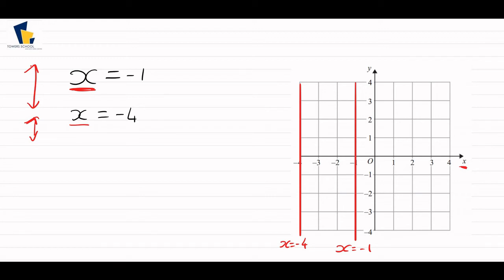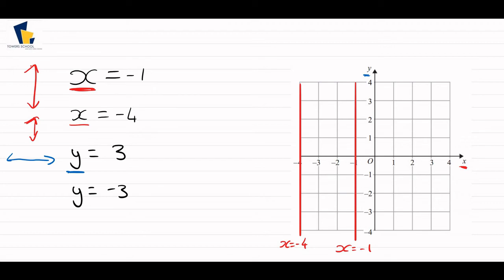And now we're going to have a look at a couple of equations when it's y equals. So we have y equals 3 and y equals -3. So we're going to use the same set of axes to draw these. So this time it's telling me that it is y equals, so this is the axis it has to cross, which means my line is going to be horizontal.